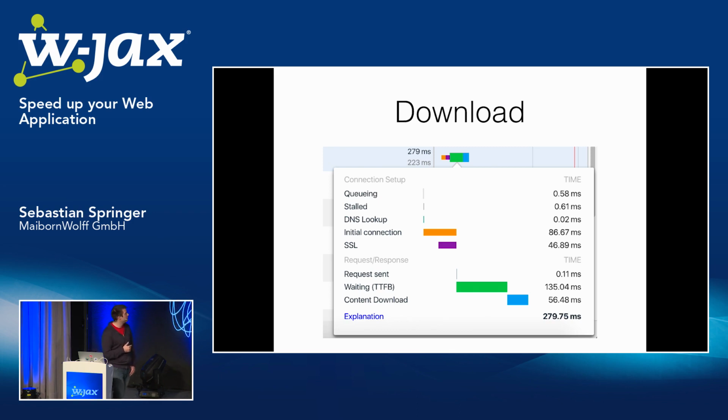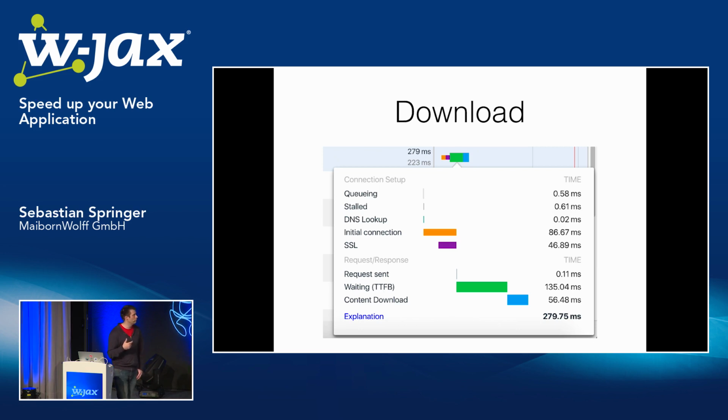In this example, you have the connection setup, which is, for example, the SSL handshake, which takes a certain amount of time, and then the request response phase of the download. You have to send the request to the server, which takes 0.11 milliseconds in our case. Then the server has to process the request, which takes time. If the green bar is big, then you know you have to either insert a cache or improve the performance of your server.